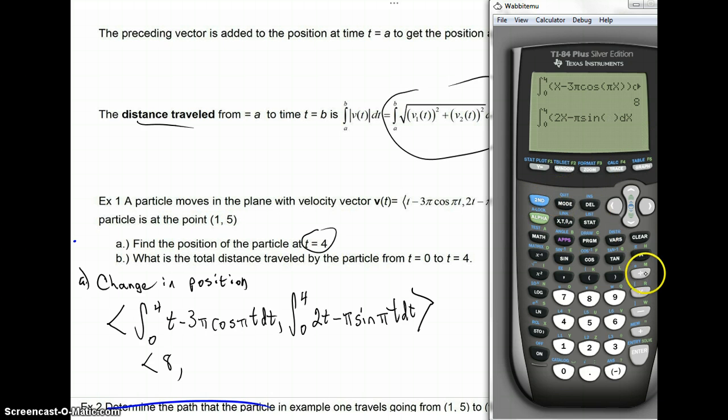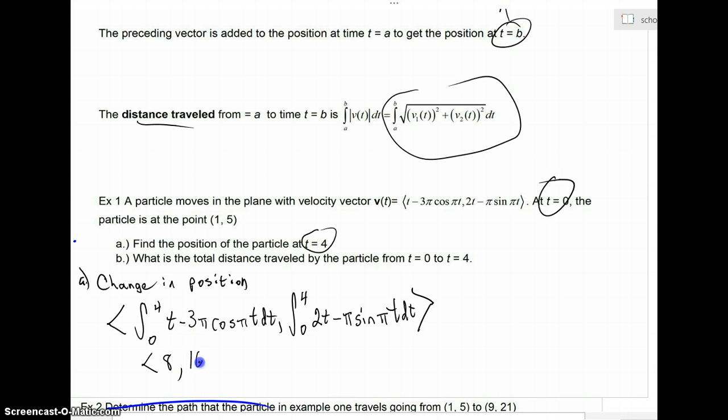So we're super close to wrapping this thing up, at least for the displacement. I'm going to close the parentheses for the sine. Of course, we've got another set of parentheses to close the integrand. Hit enter and you get 16. So this is your change in position.